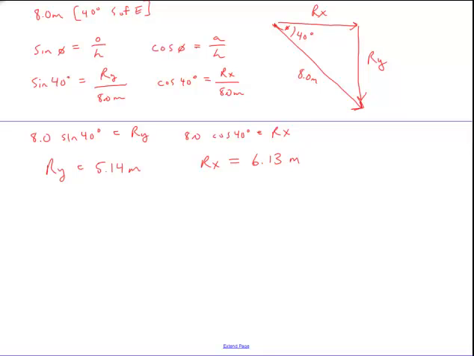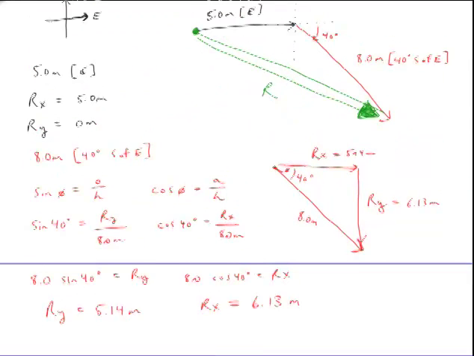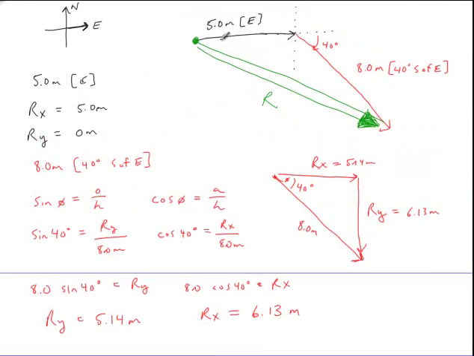Okay, so this one up here is 5.14 meters, and this one down here is 6.13 meters. If you were to add those up, you'd get this 8 meter right here. So now we know our components for the first one in the x direction and the y direction, and our components for the next one in the x direction and the y direction. See how I've got this Rx here?